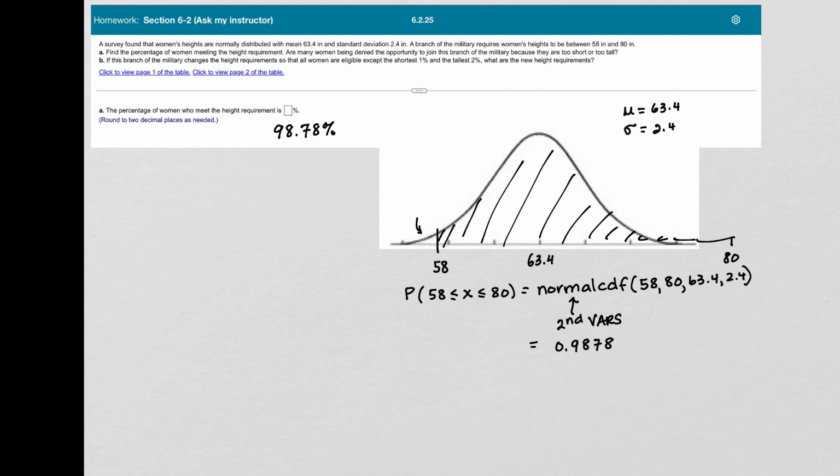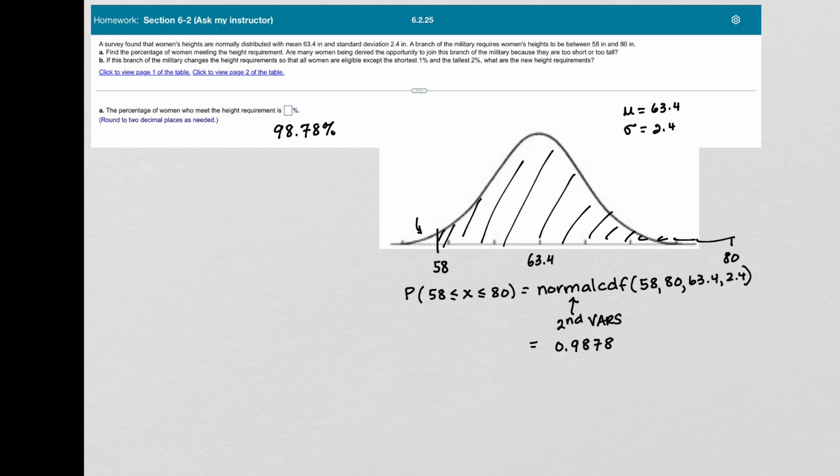So that's for the first part of Part A. Then they have a question about, are many women being denied the opportunity to join this branch of the military because they are too short or too tall? So since almost 99% are going to be accepted under this rule, then we would say, no, there's only a small percentage of people who are not being able to join the military because of being outside of that height range.